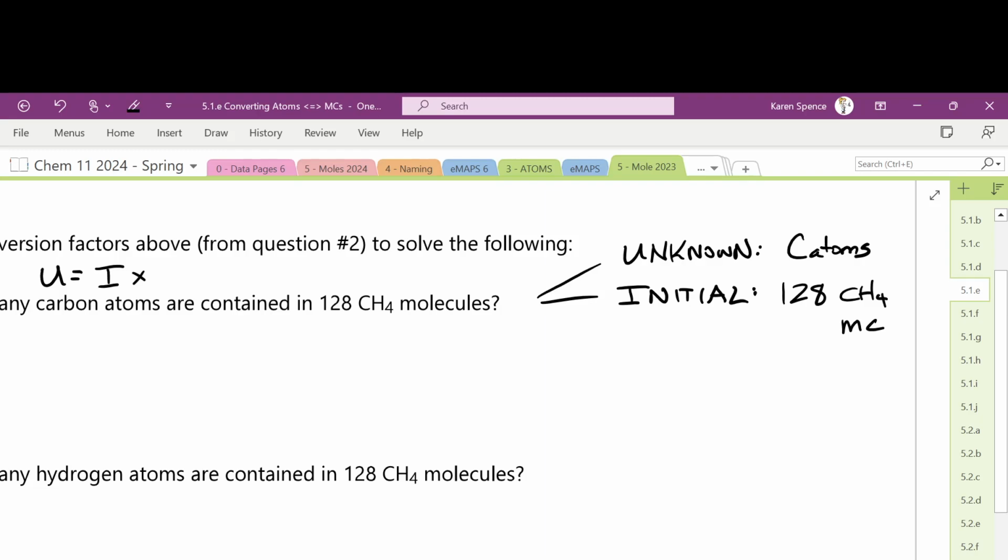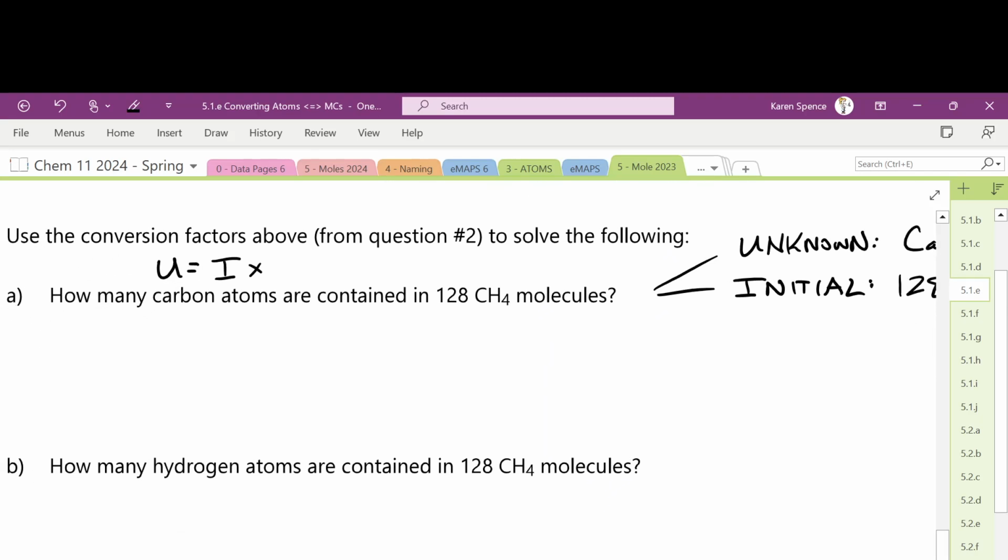Okay, we got all kinds of things going on. Some of you have forgotten how to show your work with conversion factors. That's okay. It's been a while. We haven't done them in a while. So let's make sure that we review this. We have our unknown, which is carbon atoms. So we're going to say, I don't know how many carbon atoms. Okay, so that's your unknown.